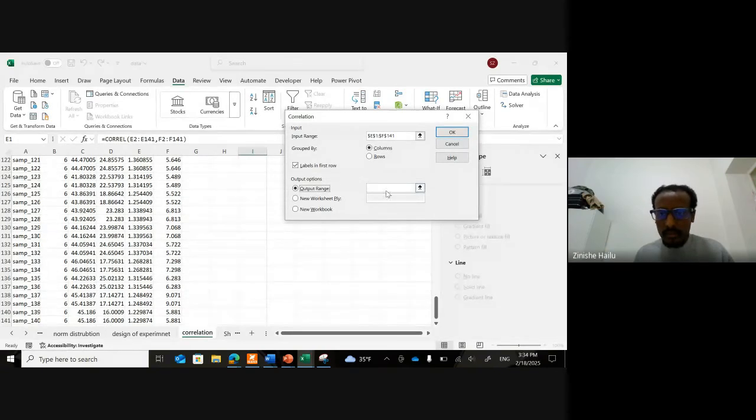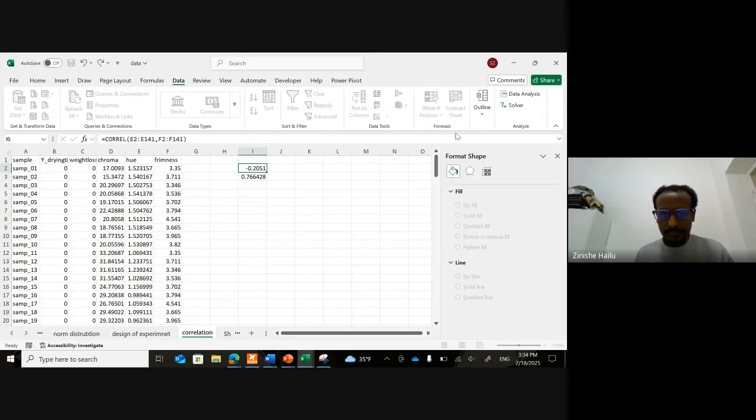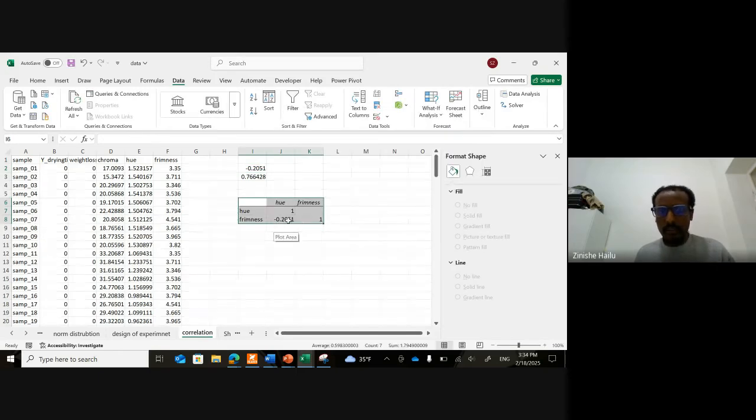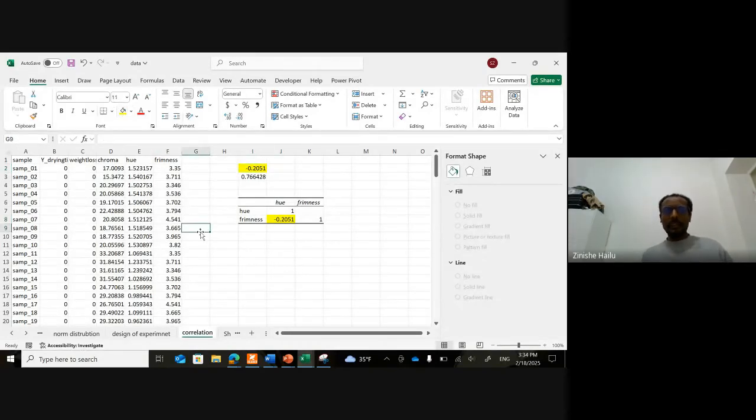Give me this. Look, here the results are similar, this and this. So if we have multiple parameters, we can use it for multiple correlation. The number of arrays we can increase.